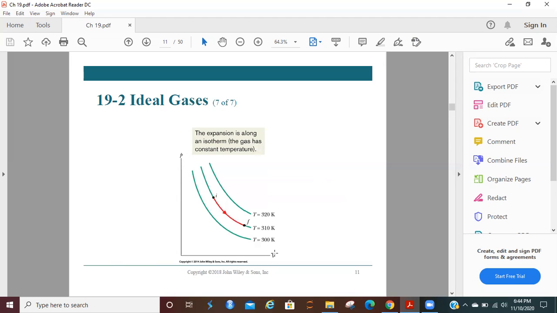You have a constant temperature, and along that constant temperature, you can see how the pressure varies with the volume. So at 320, that relationship of pressure and volume is going to lie along here. At 310, it'll lie along here, and at 300, it'll lie along here. This is also referred to as an isotherm, which means it has a constant temperature.